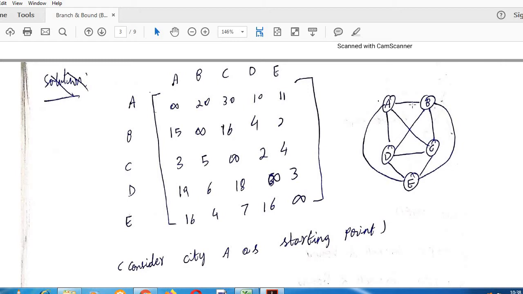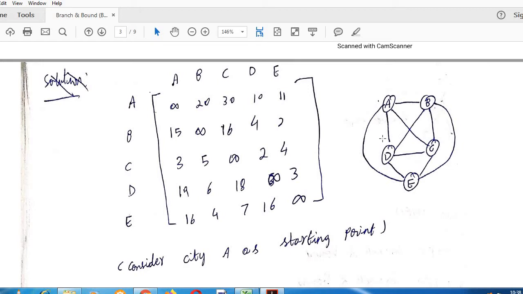From city A we have to travel to each and every city, and then return back to the source city or starting point that we had chosen.